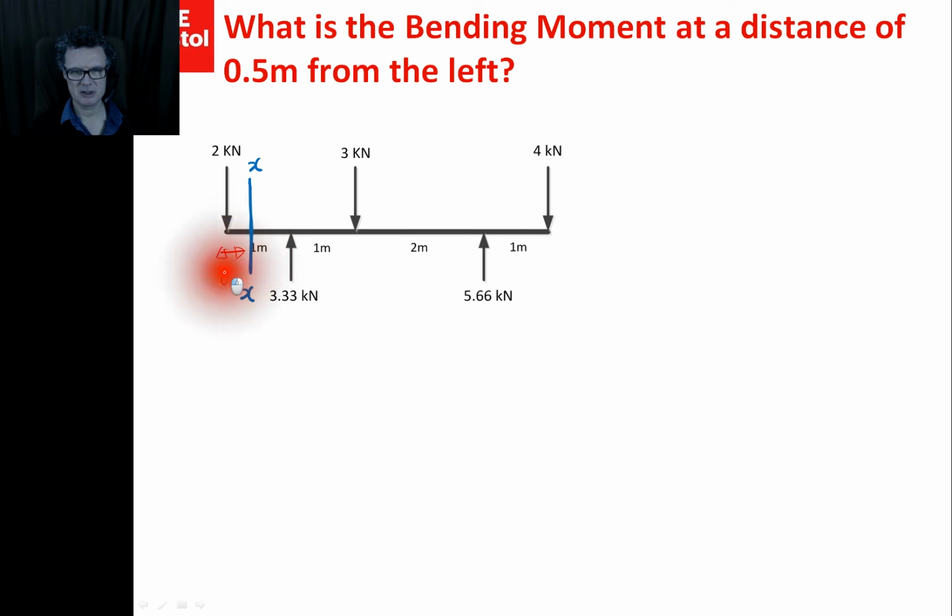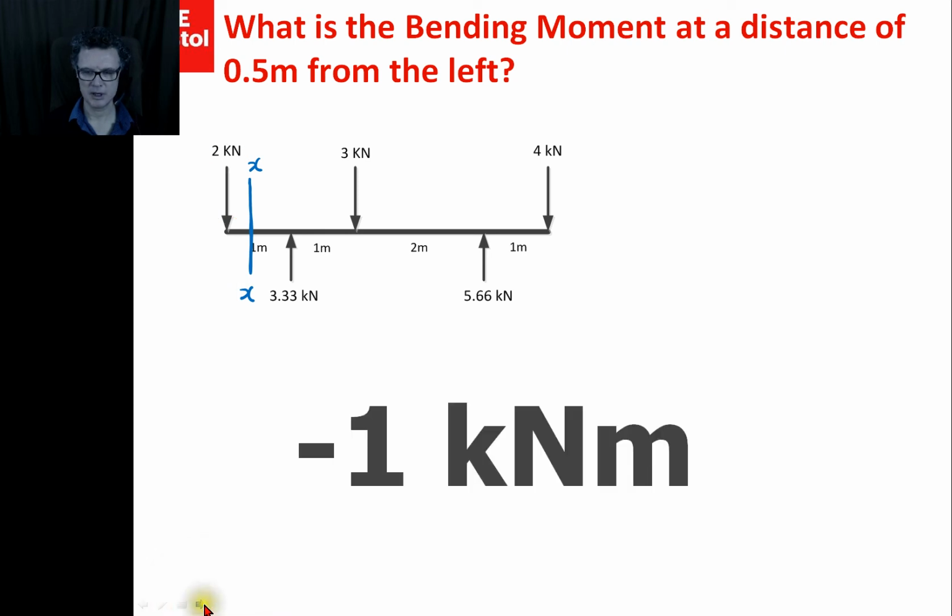So what's that distance going to be? 0.5. Look for your force and decide on your sign convention. So I make that a 2 times 0.5, and it's going downwards, so a -1. So there you go, that's the answer, -1 kilonewton meters.